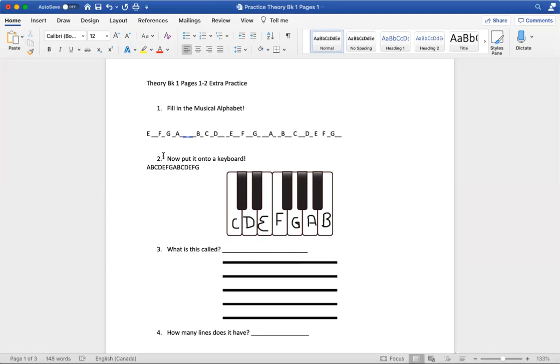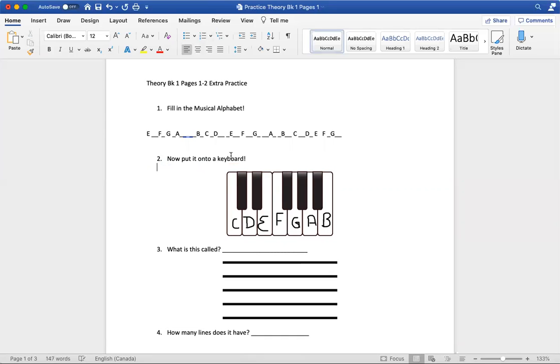You can even write that on a practice sheet beside your theory homework so that you're just making sure. Let's double check. C, D, E, F, G, A, B. So we know that we're going in the right order. Use our two black keys to find our D. Okay.